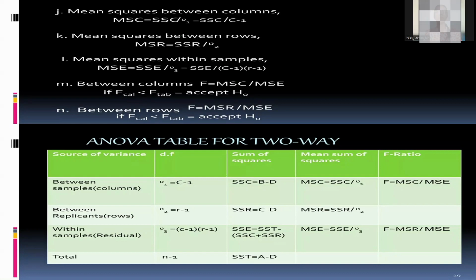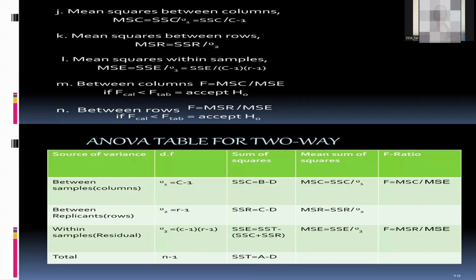MSR is equal to SSR divided by R minus 1, and MSC is equal to SSC divided by C minus 1. The mean squares within the samples, MSE, is equal to SSE divided by C minus 1 times R minus 1. Between the columns, the F ratio is MSC divided by MSE. For between the rows, F is equal to MSR divided by MSE.